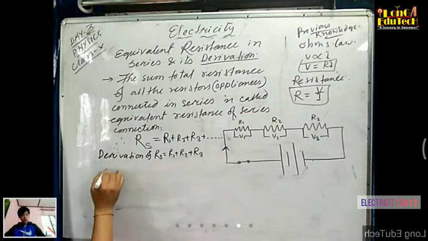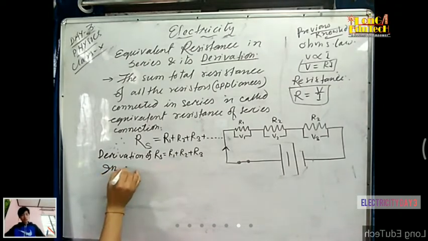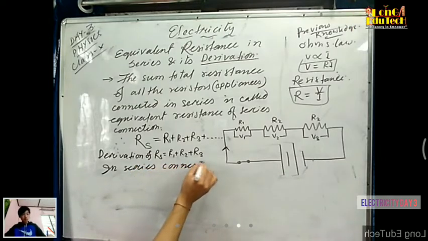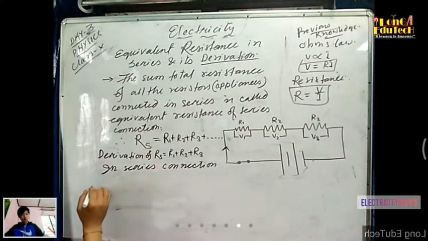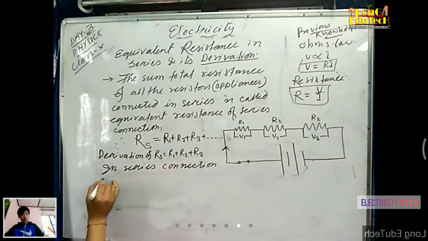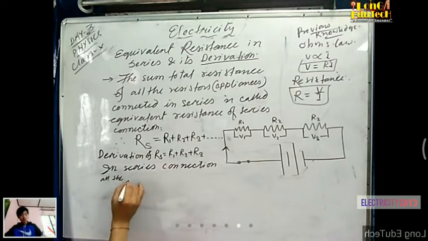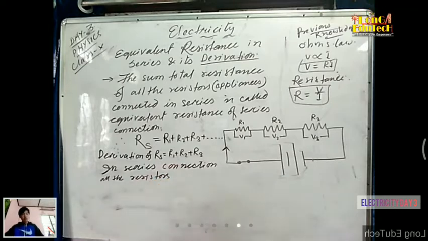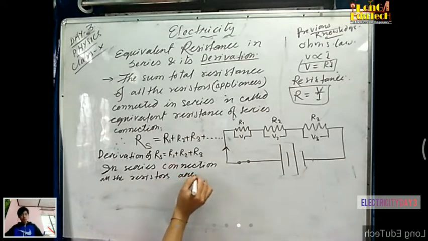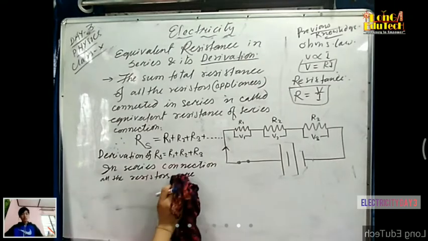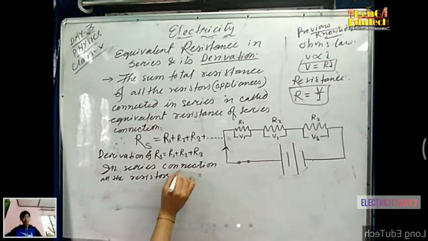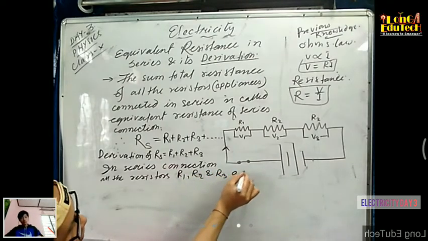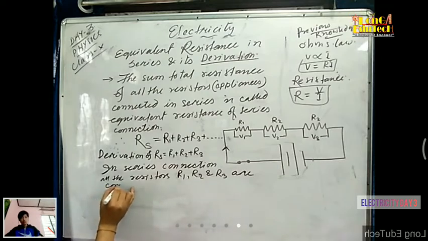Okay, so here we will know here in series connection, all the resistors, कौन सा है नाम भी देना पड़ेगा, all the resistors R1, R2 and R3 are connected. कैसे?